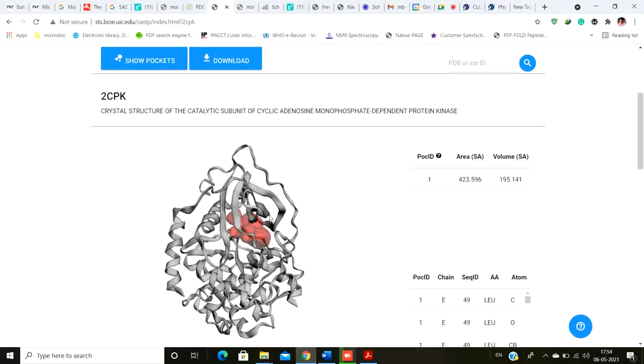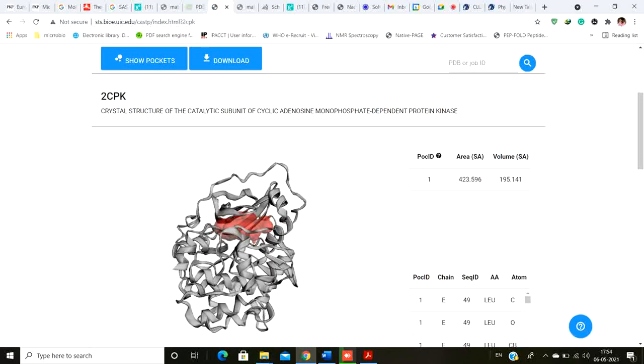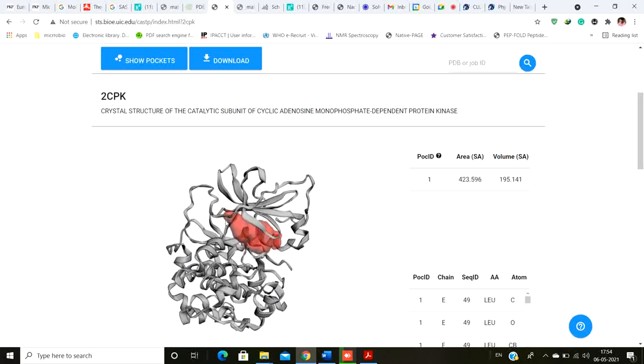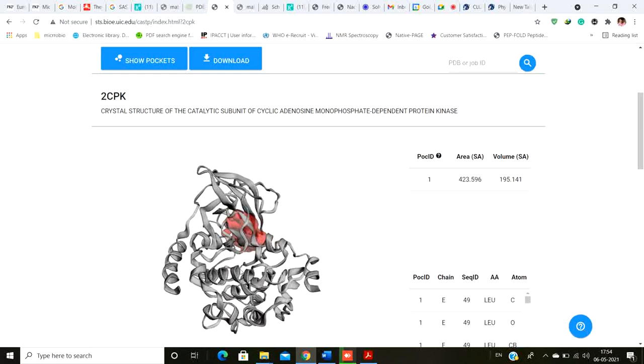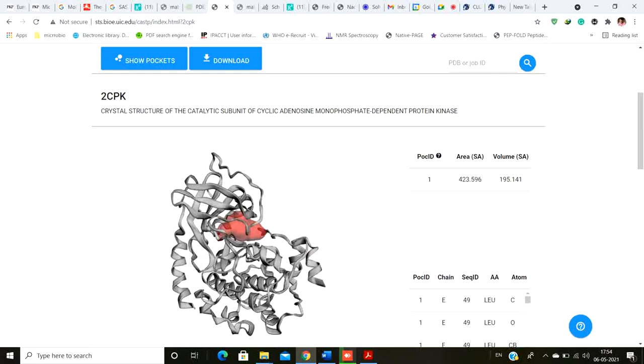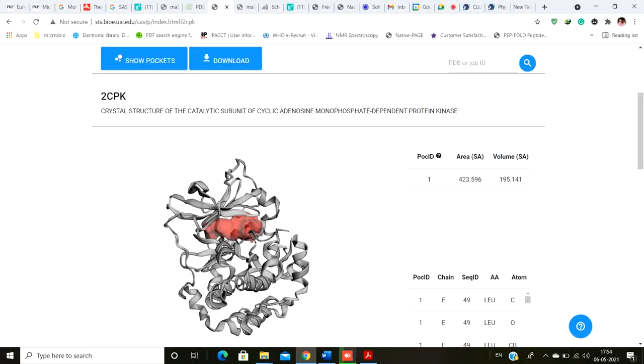This is one of the proteins they have, and when you perform it, it's going to show you the solvent accessible region. Now, why is the solvent accessible region important? Because the regions where the solvent can access your protein are the regions that can also be accessed by the drug molecule. Suppose you are into drug designing and you have modeled a protein for drug ligand binding.